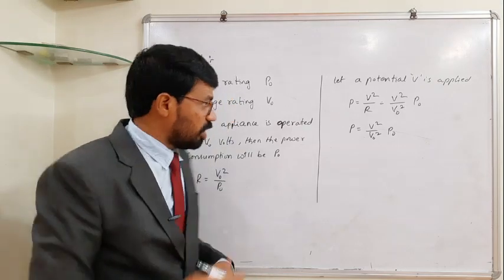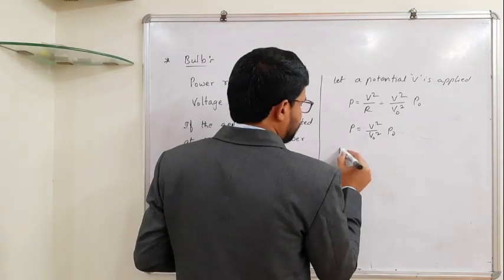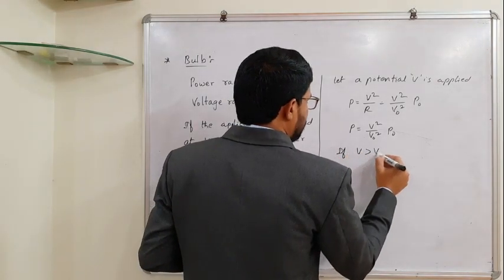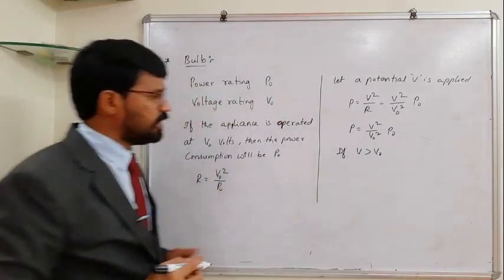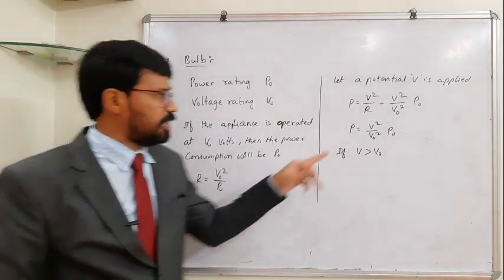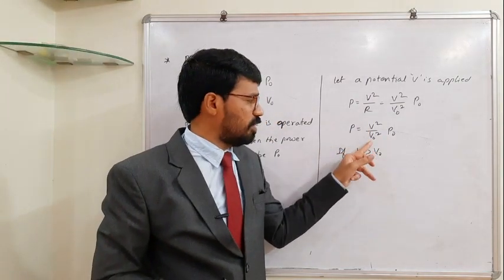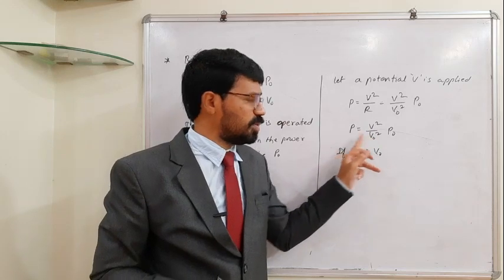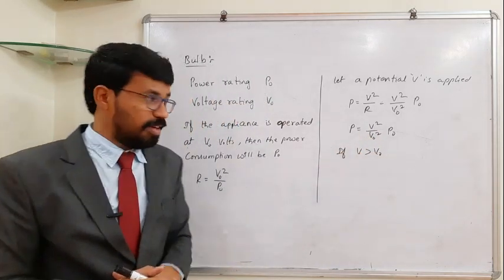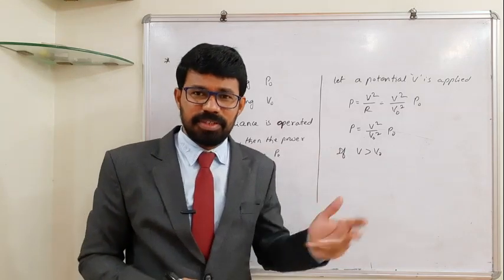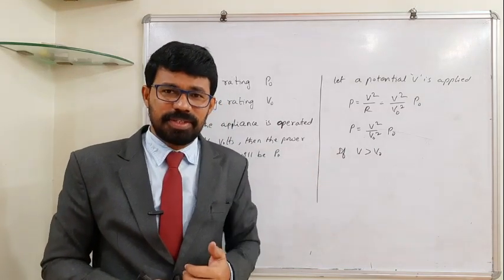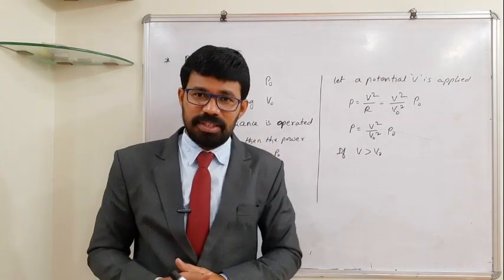P naught. What if V is greater than V naught? If V is greater than V naught, what happens? Here power consumption will be more. V square by V naught square will be greater than 1, so P will be greater than P naught, and there will be more current flow. What does it mean? Power consumption is more in the sense there is more current flow through that electrical bulb.